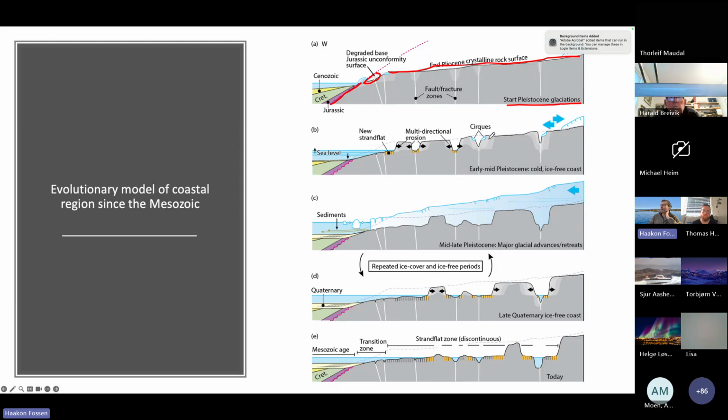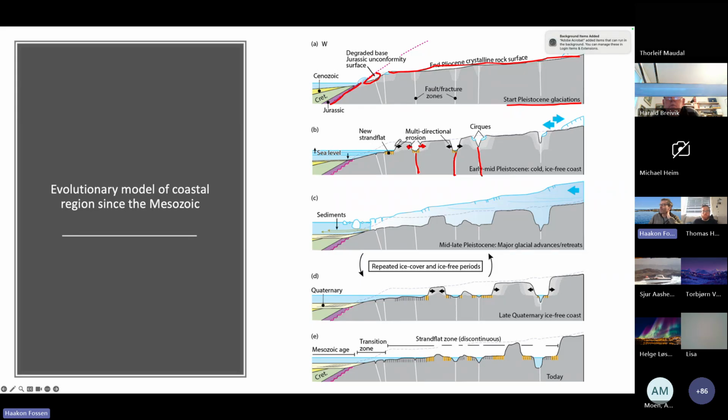And then climate got colder. We started to have frost weathering and other glacial or cold environment processes. And this is where fractures and faults are important, because this is where we had already some valleys, I guess, and then we started the processes on each side of these fault controlled valleys.